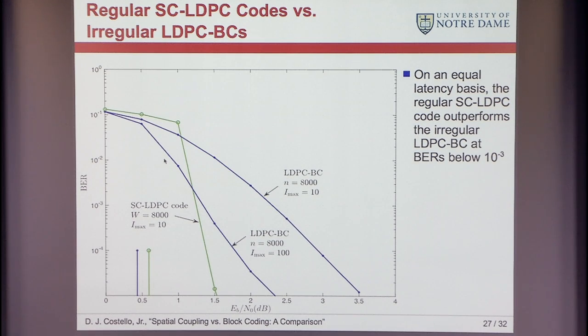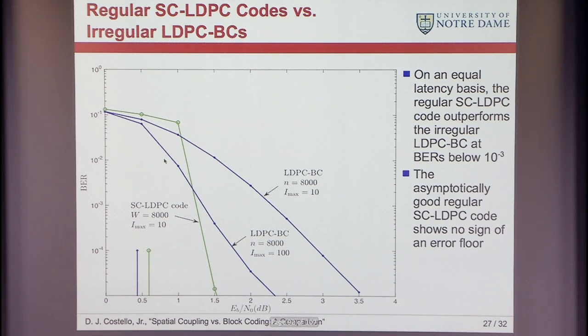And this is at least the preliminary simulations we've done. This is the spatially coupled code, and this is the irregular code. And we allowed a maximum of 100 iterations here and only 10 here. Because we have a window of 8, so the computation complexity is roughly equivalent here, because we have a shifting window.